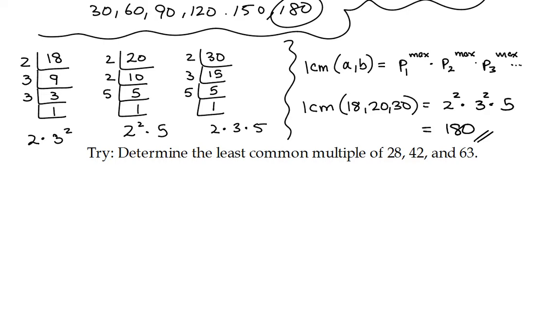Okay, so let's do another one together. 28, 42, oops, let's do them separately, my bad. 28, 42, and 63. Okay, so I'll let you factor them separately, and then I'll help you out with the final answer.